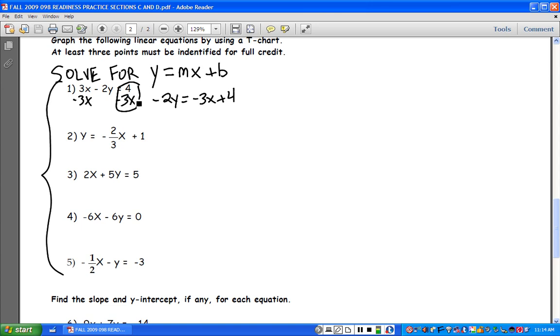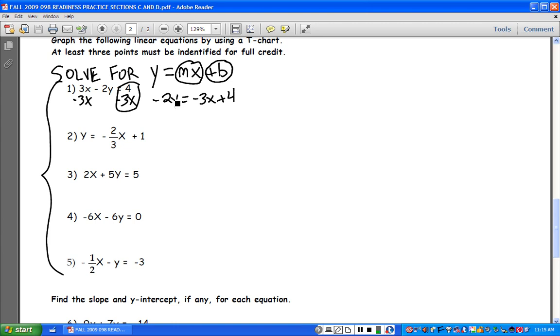But notice I write the negative 3x first before I write the 4, because as I said up here, you want to get y by itself where you have the x term written before you write the constant term. That's why we're in this format that we're in right now.